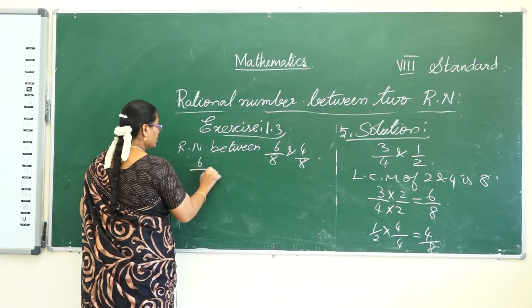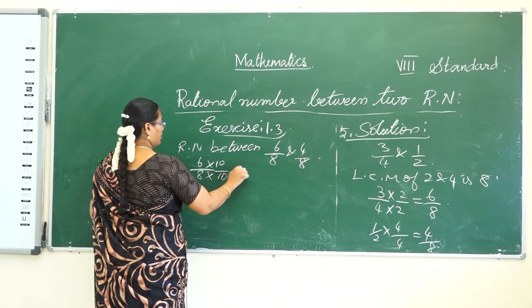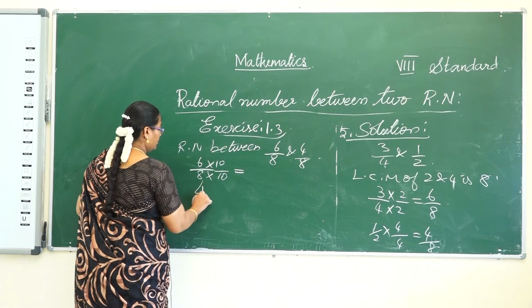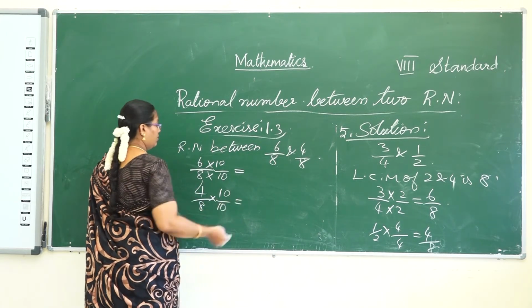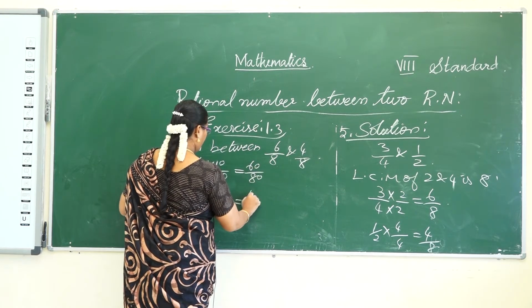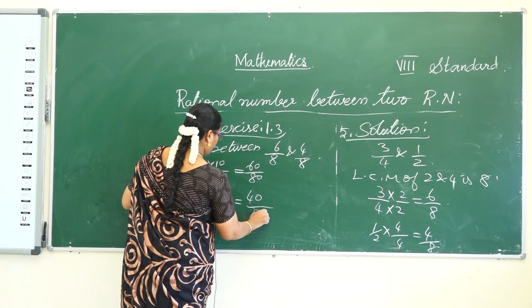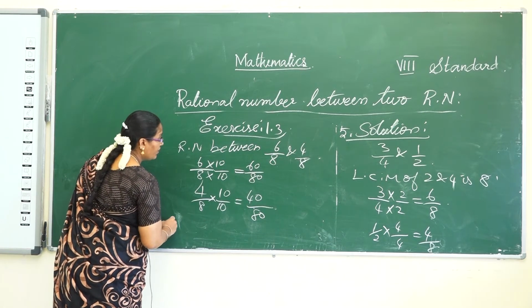So what do we do? Multiply by 10: 60 by 80 and 40 by 80. Write the numbers between.